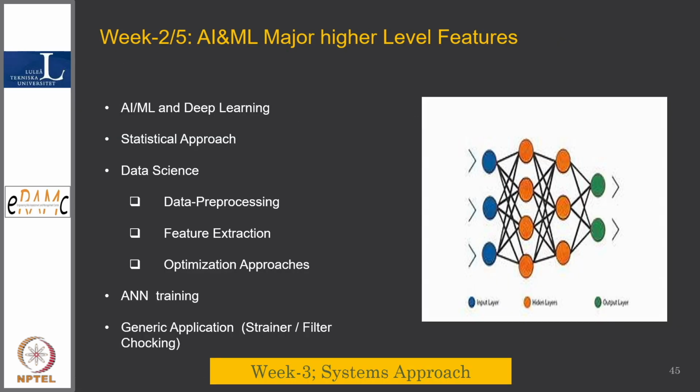So this week we can summarize that we have discussed AI, and under that ML and deep learning. We have discussed the statistical approach, along with statistical methods for data processing, feature extraction, and optimization, and ANN training.